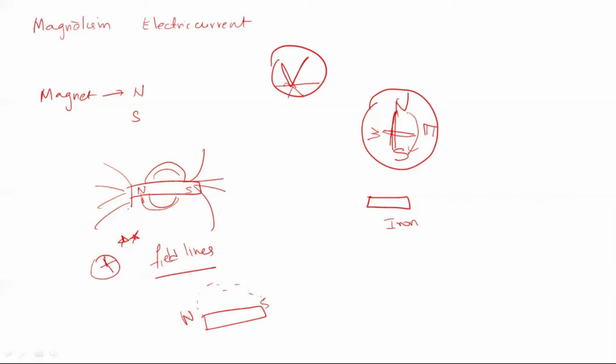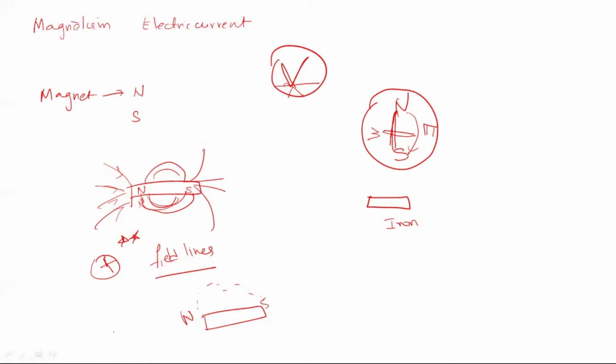This is the north pole and this is the south pole. The magnetic lines travel from the north pole to the south pole, emerging from the north pole towards outside and converging towards the south, as shown in the figure.